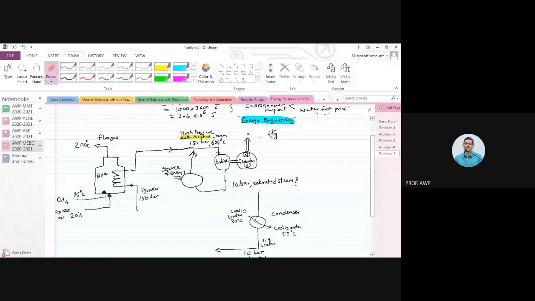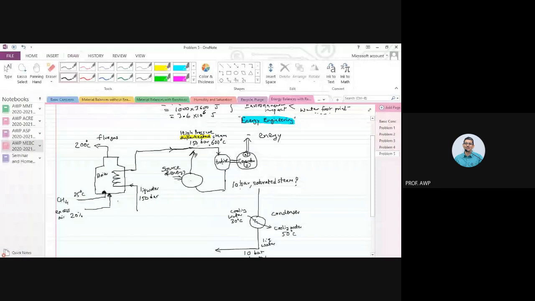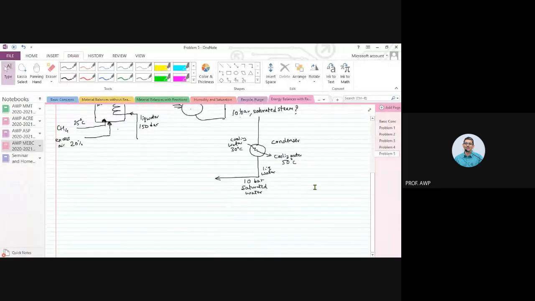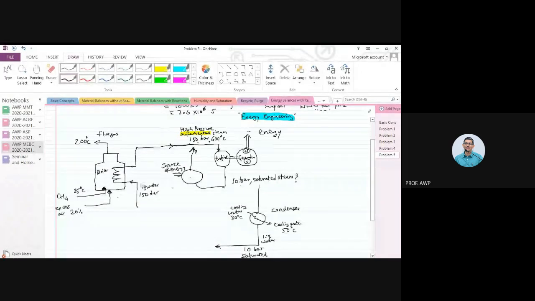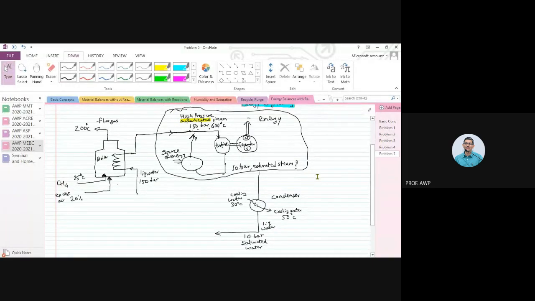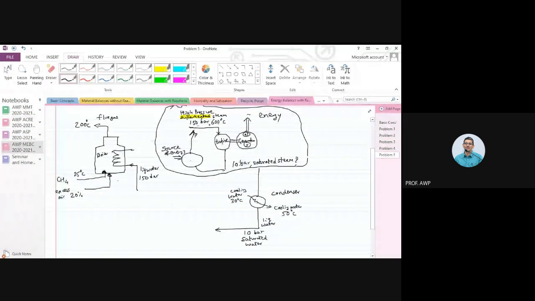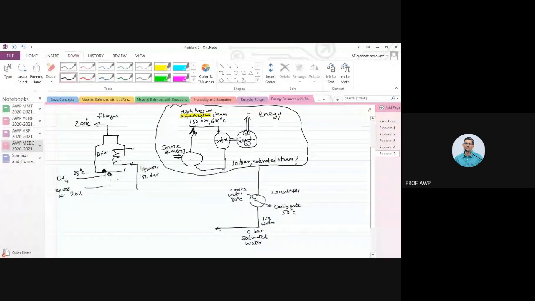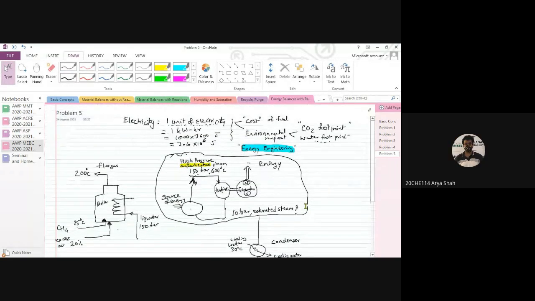This is one source of energy, isn't it? So imagine, if you look at only this control volume, I don't need this. It is just going round and round in circles, right?